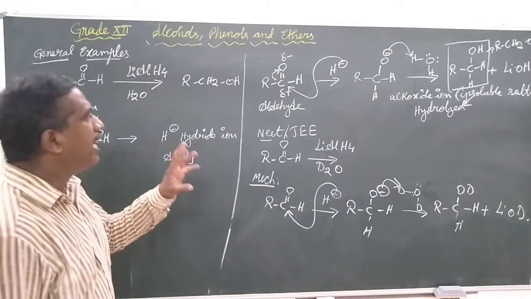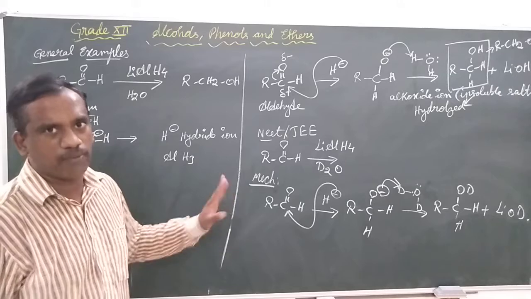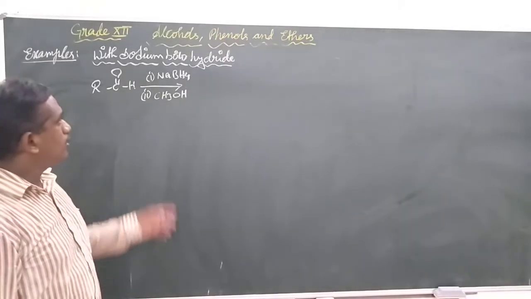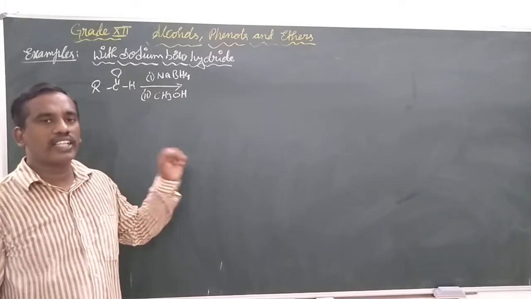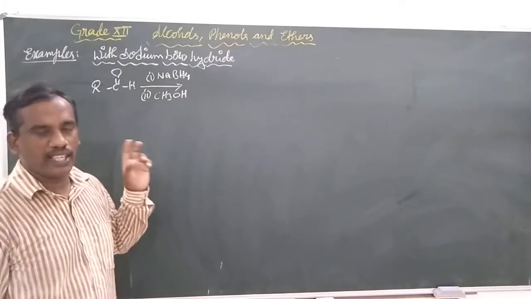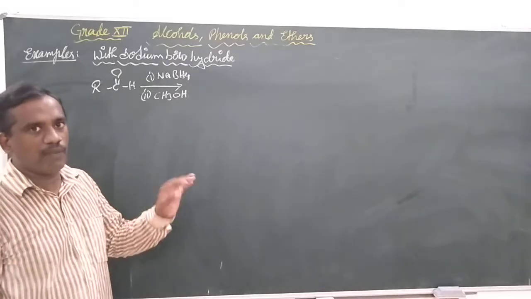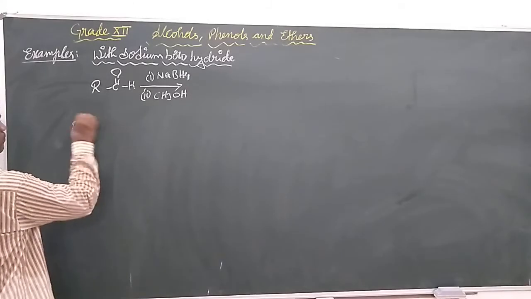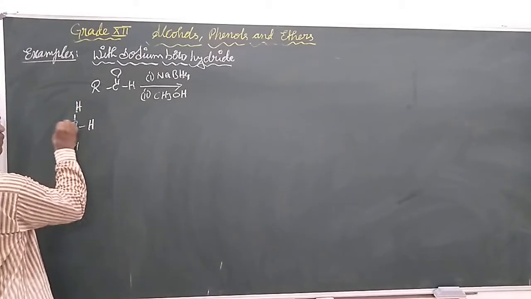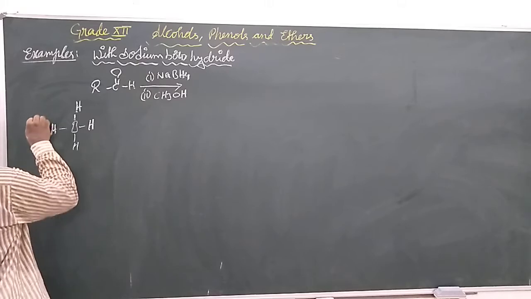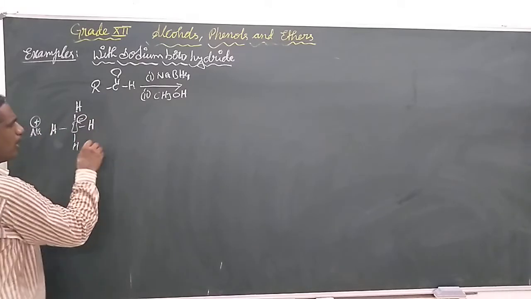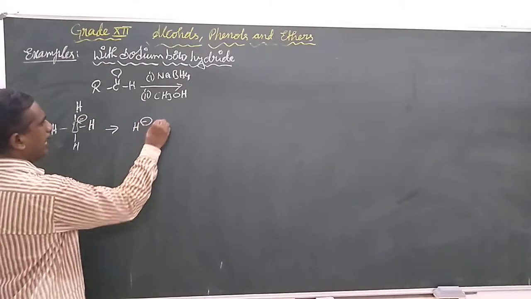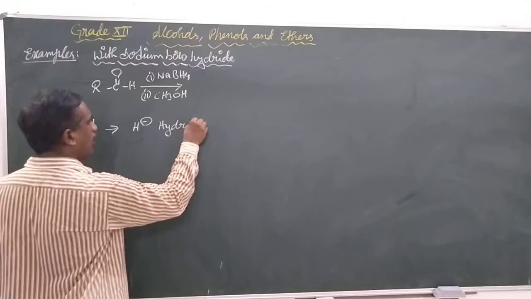Let us take the examples from this entire mechanism. So let us see how it goes in the case of sodium borohydride. We have already seen it works the same as lithium aluminum hydride. The sodium borohydride in the initial stage, where we have a negative charge on the boron, when it reacts with the carbonyl group, generates one hydride ion.